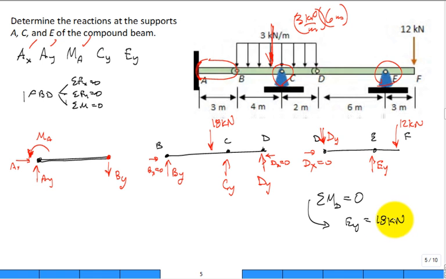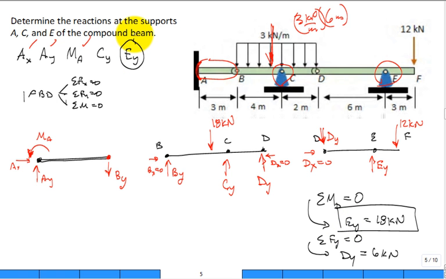All right, then I would do the sum of the forces in the y. What's that going to give me? The D sub y. And then the D sub y comes in at, I'm looking at my notes, it's not asked for, but it comes in at 6 kilonewton. And this was asked for, so we box it. This is now solved for. E sub y is done.